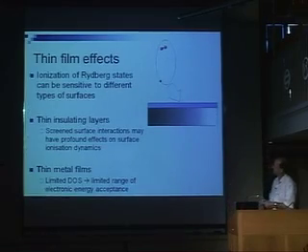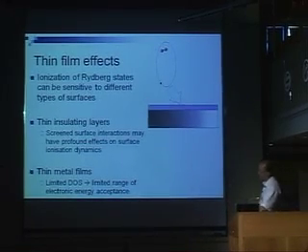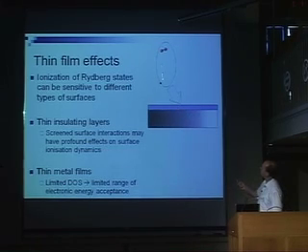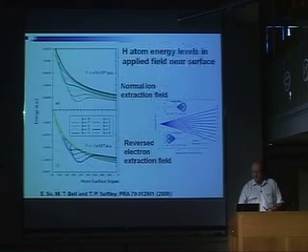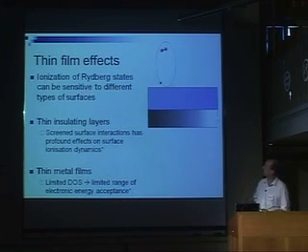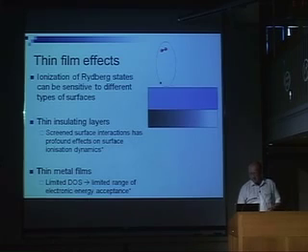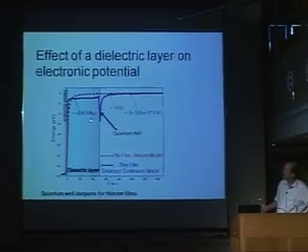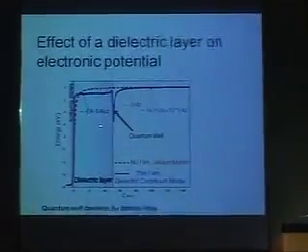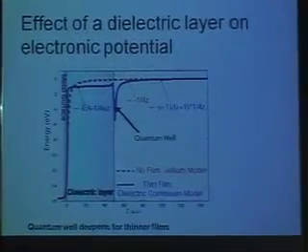Another thing we've looked at is thin film effects, and we're trying to ask the question: if you have a film which is thinner than the Rydberg orbit, does it make any difference? Or if you make the film a bit thicker, what happens then? Here is a picture which shows, from a theoretical point of view, what some of the effects might be.